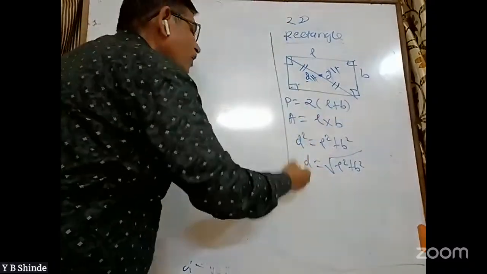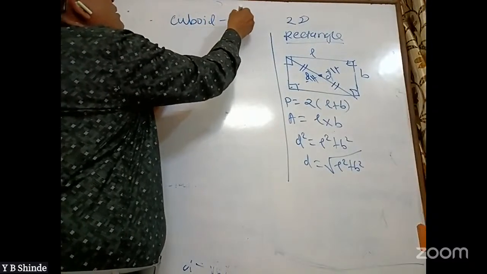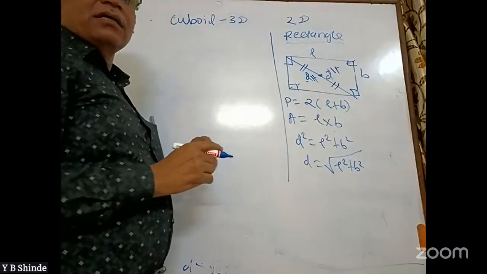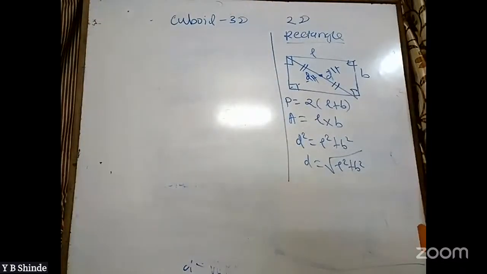Now what is cuboid? Cuboid, three-dimensional cuboid. Each face of cuboid is a rectangle.